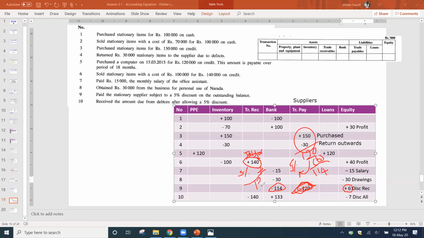And receive only 133. So this amount will reduce cash 133, and this is discount. Right. Okay. So moving back to the question.